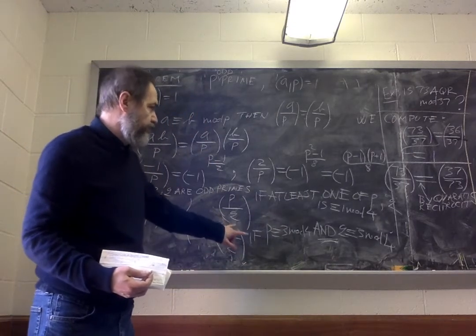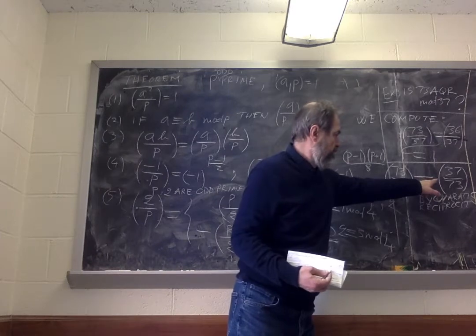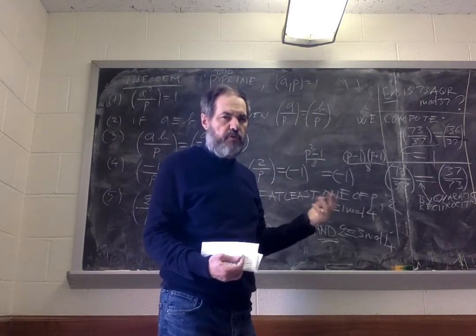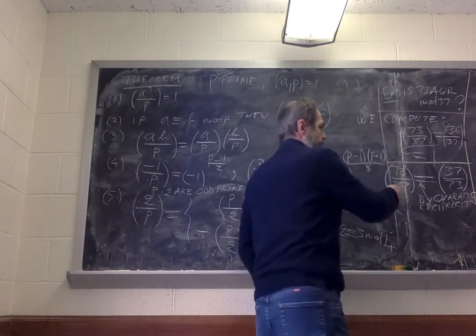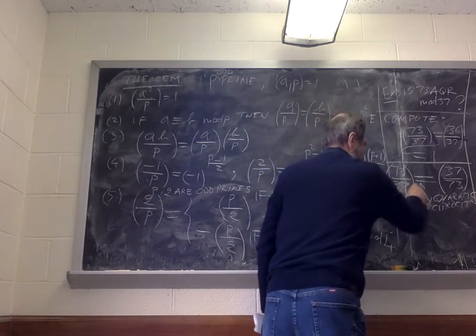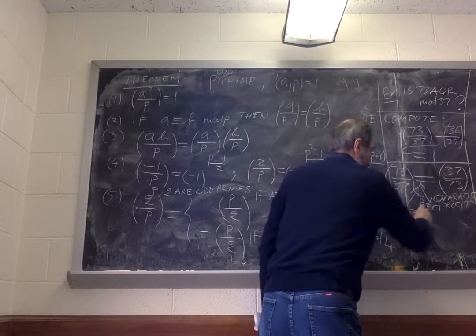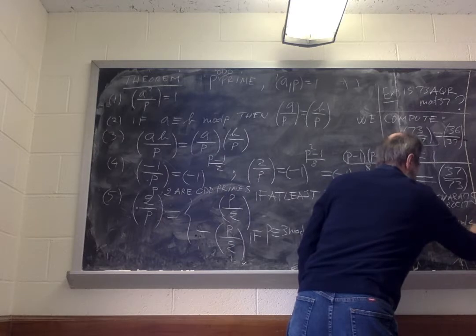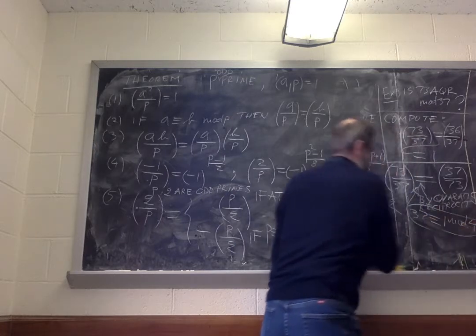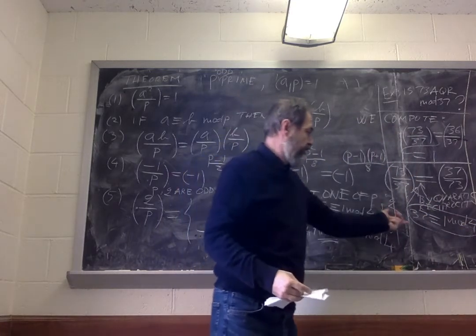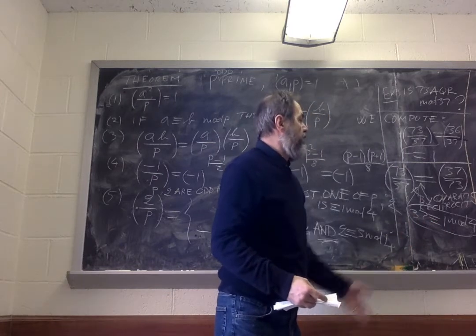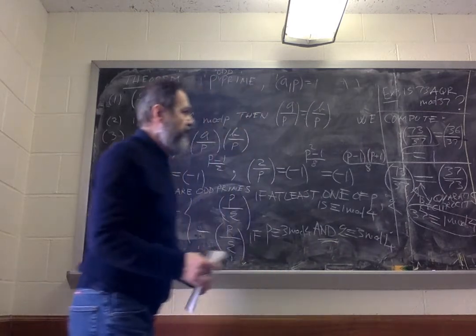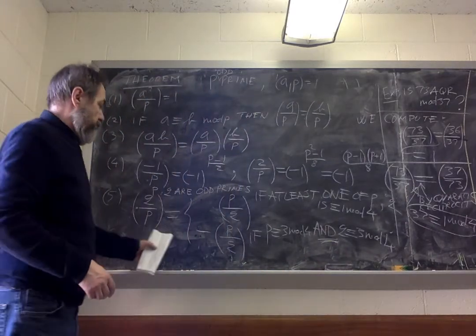I need to show that this is plus 1 in front because at least one of them is congruent to 1 mod 4. So I just write this, 37 being congruent to 1 mod 4. So the fact that 37 is congruent to 1 mod 4 and using quadratic reciprocity gives me that relation. There's no more space there, so I will do the following.